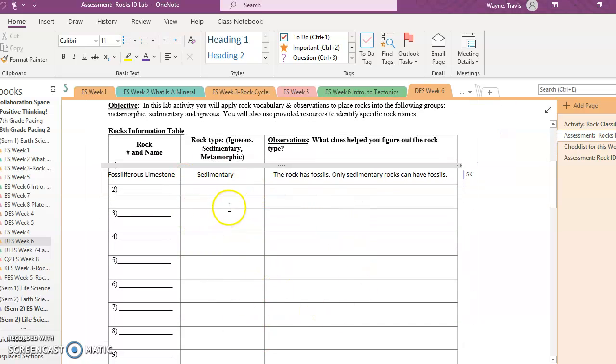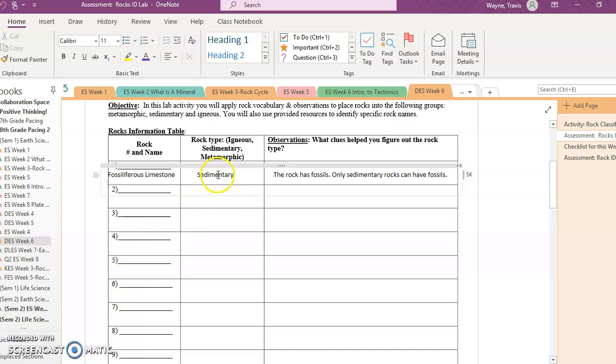This is where you're going to be typing your answers from that PowerPoint. In this table, the first column is the rock name. So is it granite? Is it limestone? Is it schist? Is it slate? It's talking about what is the name of the rock.